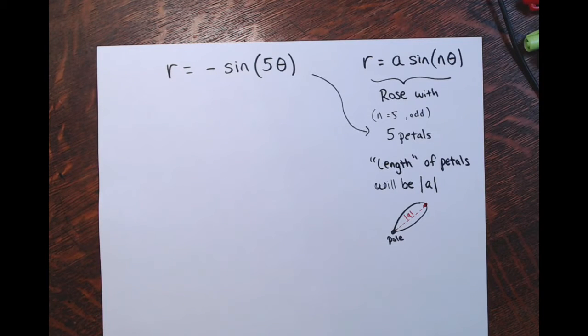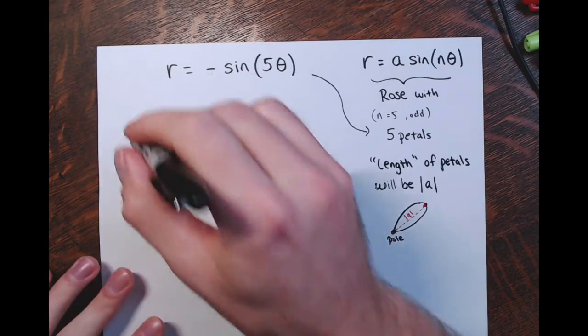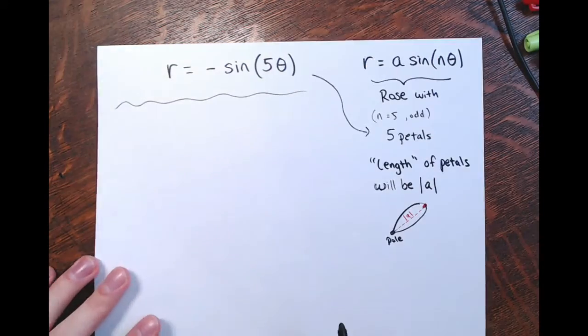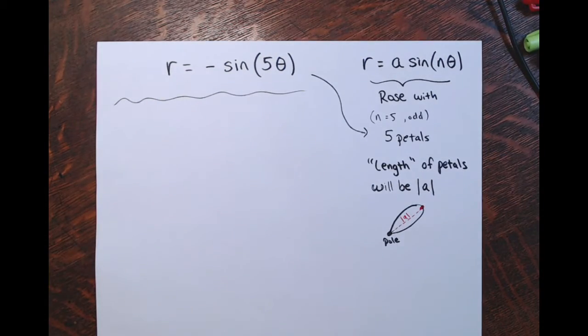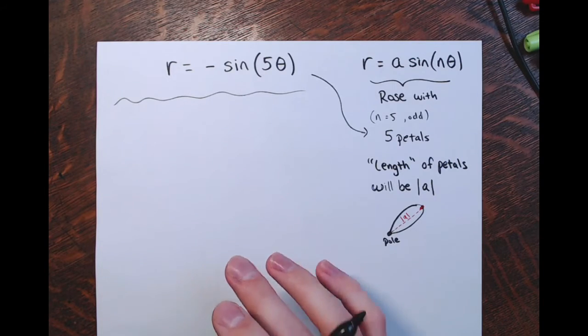Okay. All right, so that's another thing to note about these rose curves. What I'm going to do on this page, before I get into my polar grid, is graph the y versus x version of this.